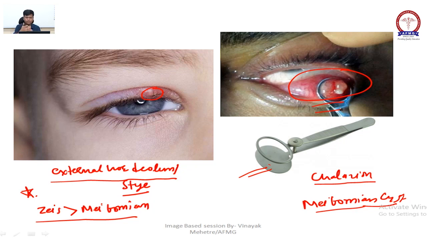You will put this clamp and then give a vertical incision. Treatment for chalazion is I and D, incision and drainage, because this is a non-suppurative inflammation. If it is a suppurative inflammation, we will give antibiotics also.